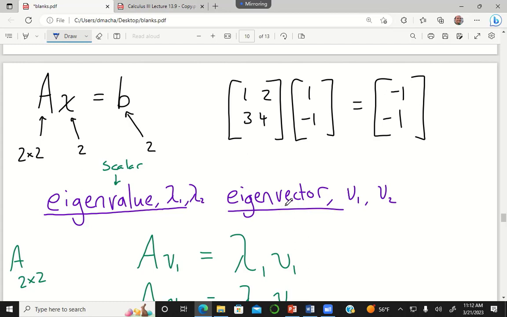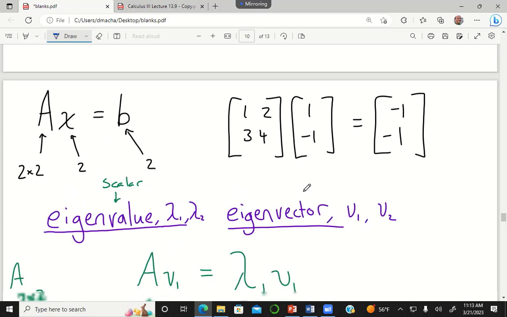It's kind of like how some square matrices are invertible and others aren't. Some square matrices are diagonalizable and some aren't. And so if your matrix is diagonalizable, then you can find eigenvalues and eigenvectors, and if it's not, then you can't. That's something you would learn a lot about in linear algebra, and we would spend weeks developing this kind of theory if you were taking a linear algebra course, but we just don't have the time.